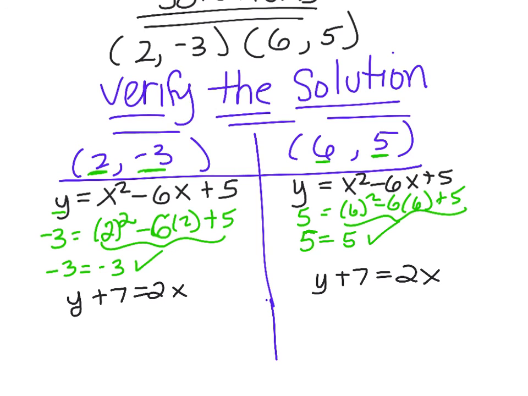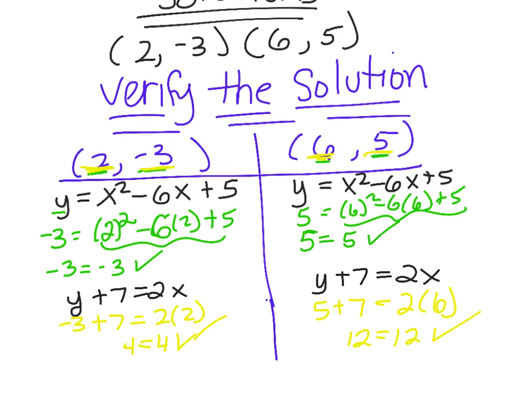All right, on the left side, I'm going to plug in 2 and negative 3. So negative 3 plus 7 equals 2 times 2. 4 equals 4. Check. Now we're going to plug in 6, 5. So 5 plus 7 equals 2 times 6. 12 equals 12. Check.